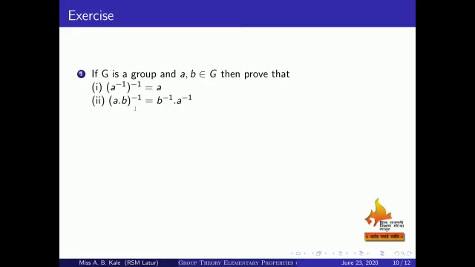Since A inverse is again an element of G, therefore A inverse also has an inverse element in G. Therefore, this can be written as A inverse into A inverse of inverse is equal to identity. Now compare both equations, first and second, and use the cancellation law, we get the proof of first.